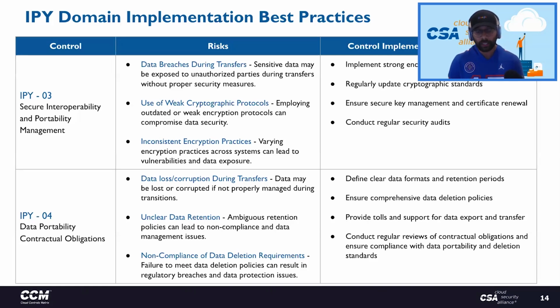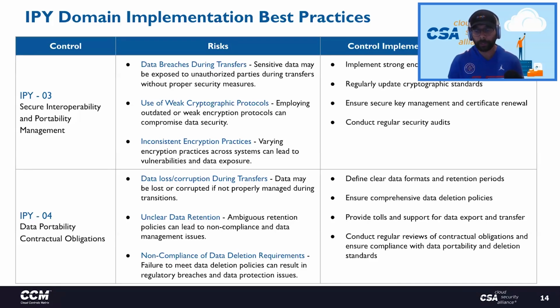Unclear data retention: if you decide to move from one cloud service provider to the other, what are the chances that the CSP might still be retaining your data? Do we have clear requirements in our contracts around those? And non-compliance with data deletion requirements, which is basically failure to meet the data deletion policies, can lead to regulatory breaches or data protection issues for any cloud service customers.